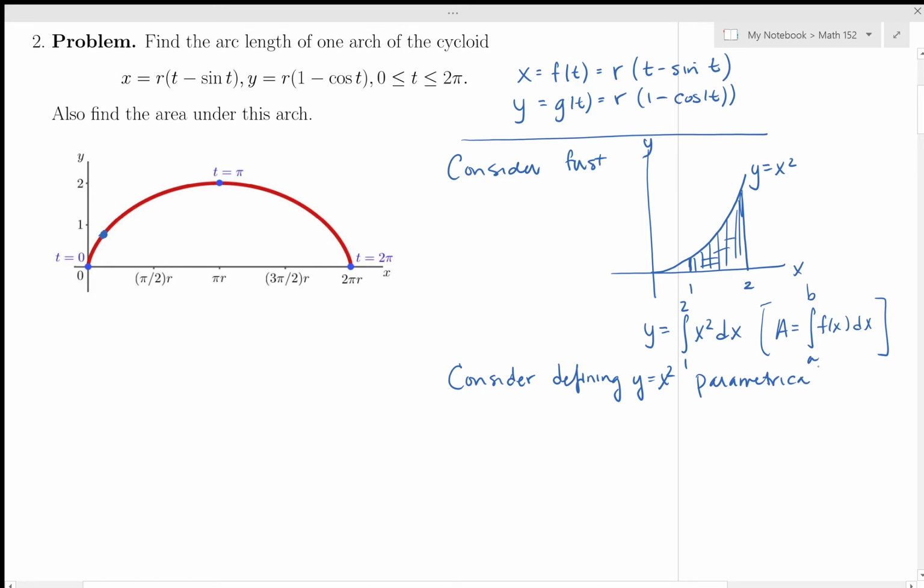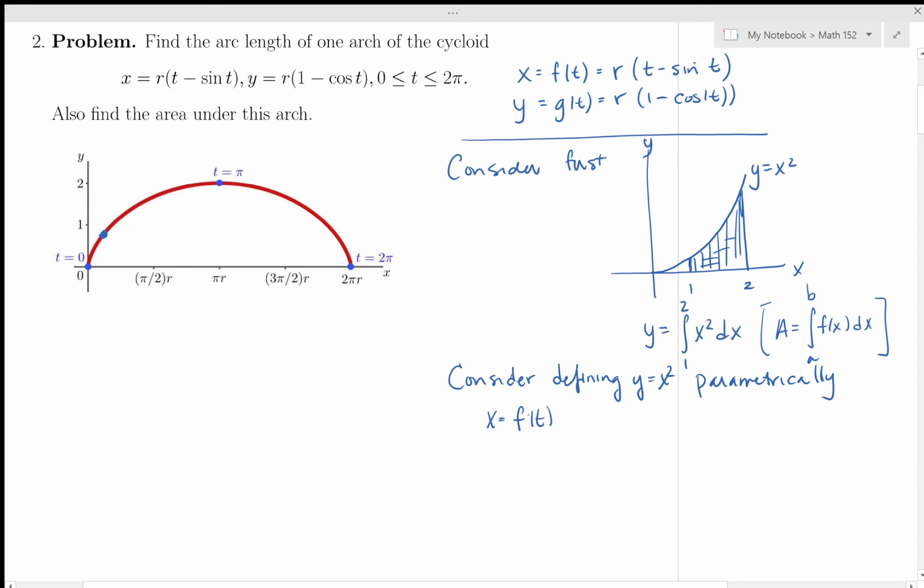Okay, there's many different parameterizations of any given equation. It's not a unique situation, but I'm going to choose... well, what I'm going to do is I want x to be a function of t. I'm not going to call it x of t; in fact, I'm going to call it f of t.